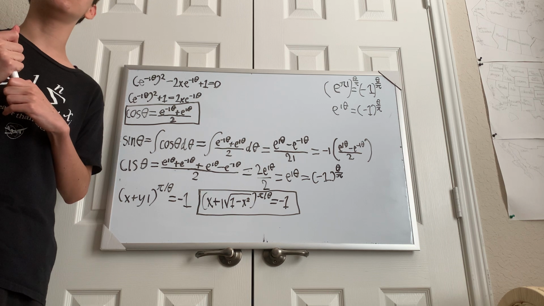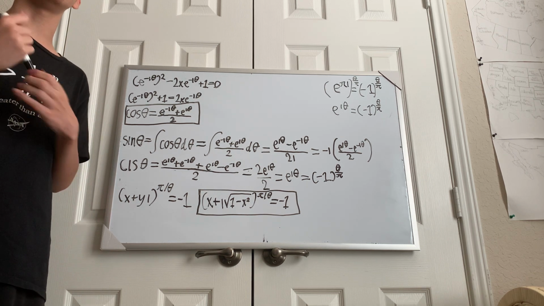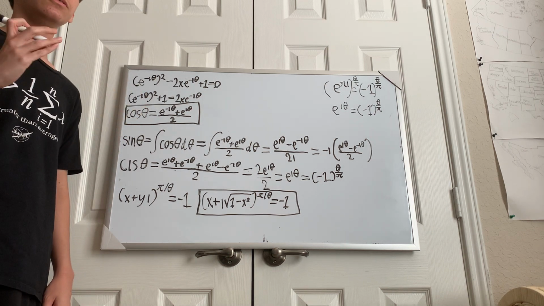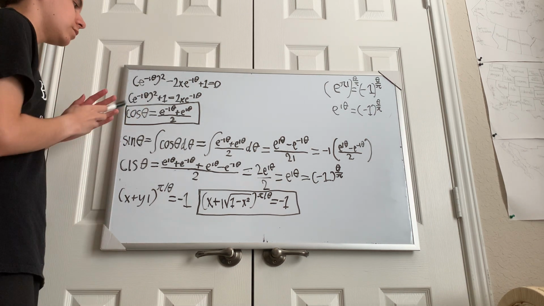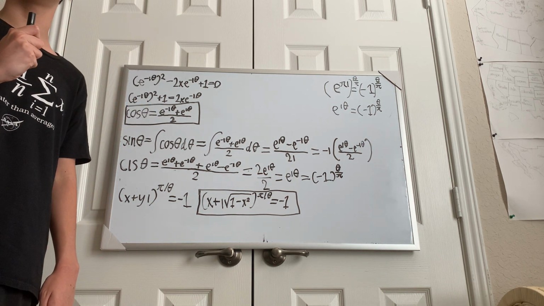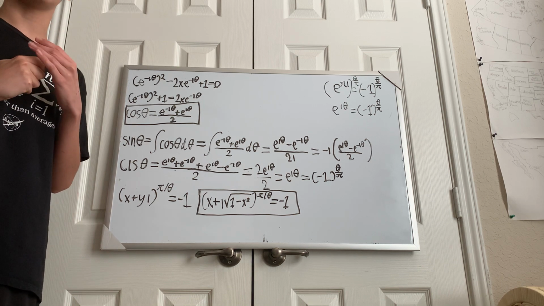And second of all, the process that we use to get this equation is the basis of all or almost all imaginary calculations, because this definition of cosine allows you to interchange between real numbers and imaginary numbers using any power.